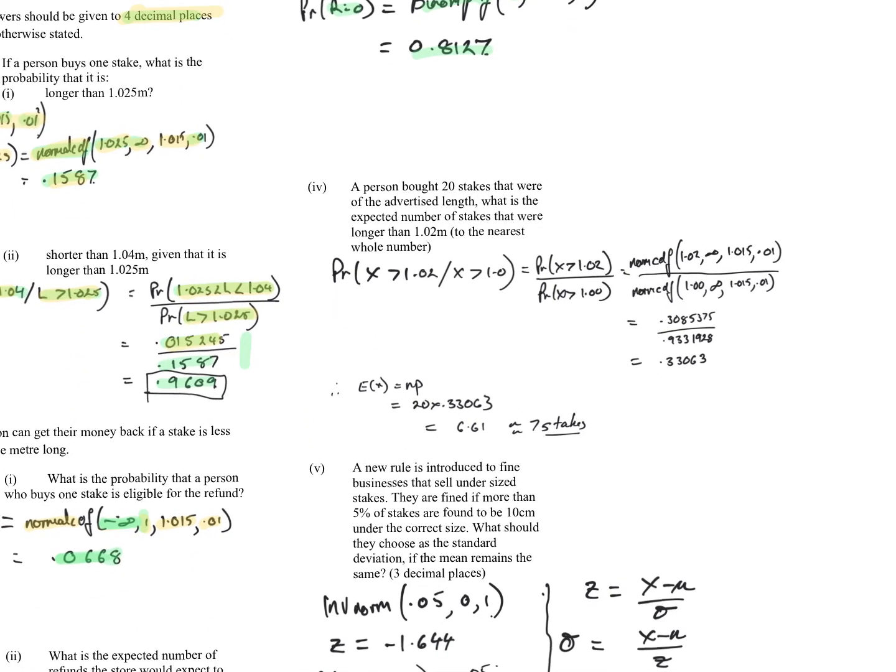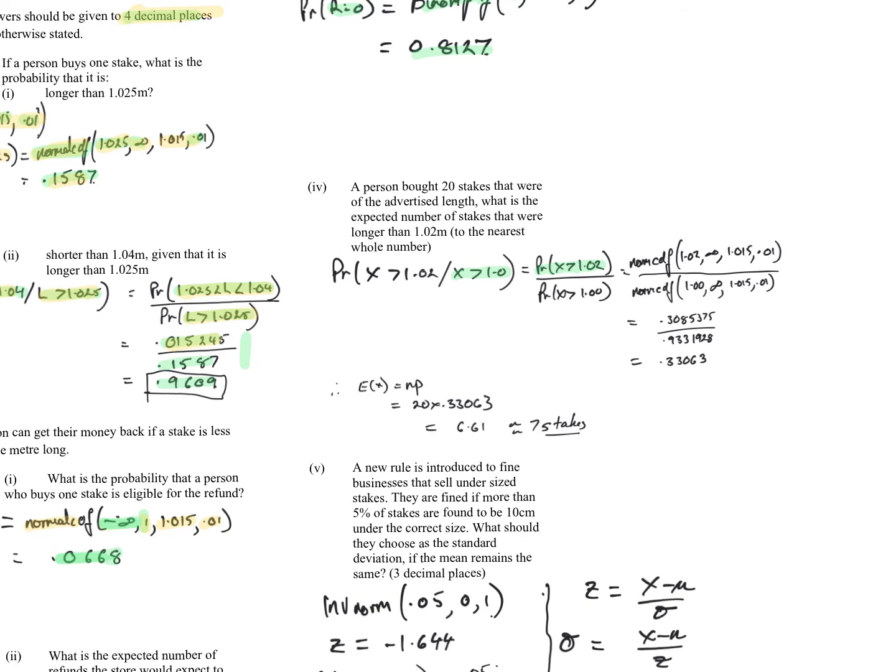A person bought 20 stakes that were of the advertised length. What is the expected number of stakes that were longer than 1.02 metres? Now, I must confess, I initially just went with X is greater than 1.02. But it's a little sneaky conditional, because we were told they were of the advertised length.